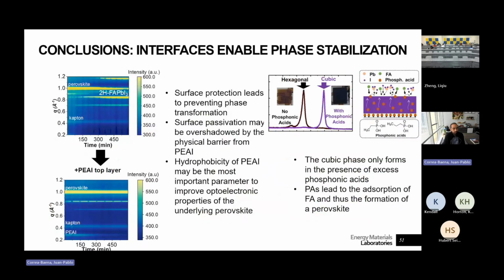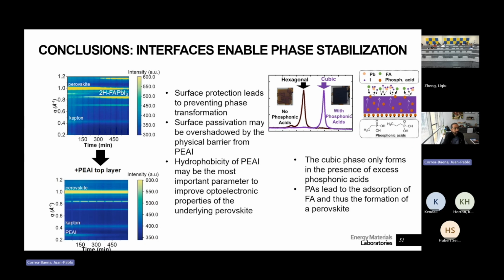All right, so with that, let me conclude, because I know that this is a lot of material science to discuss in 40 minutes. My conclusions are that we're very interested in the interface and how those interfaces enable the phases, which then help us make a better or worse solar cell.